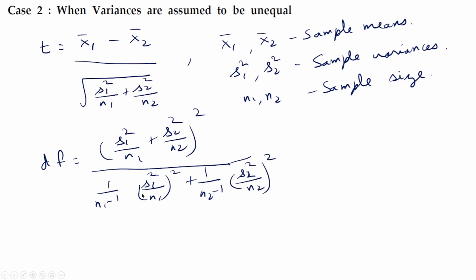So this is how the degrees of freedom is calculated when the variances are assumed to be unequal.